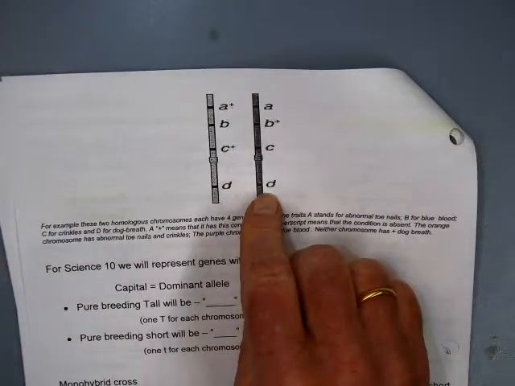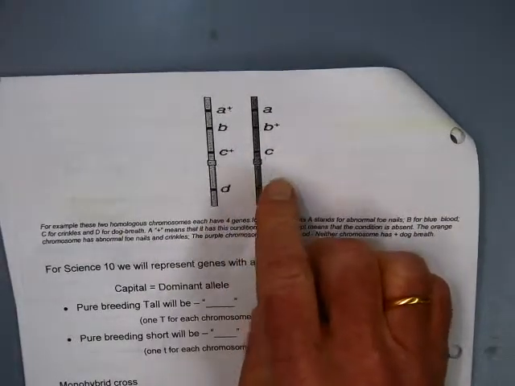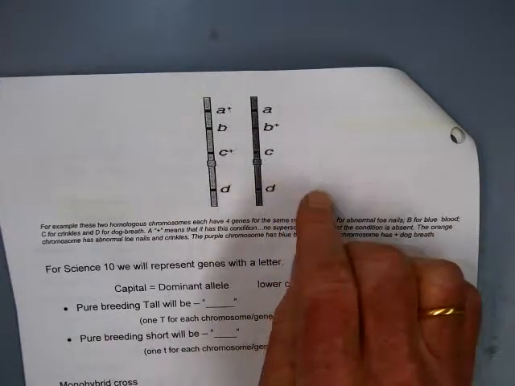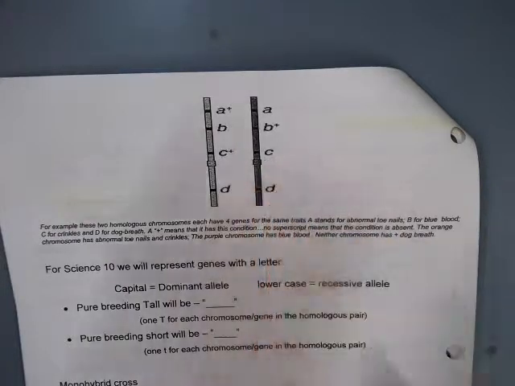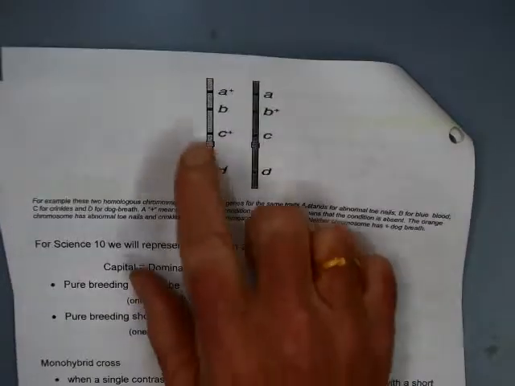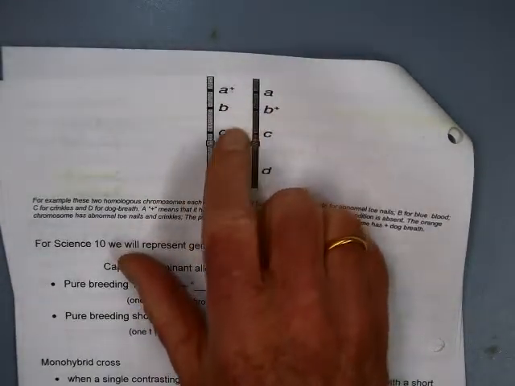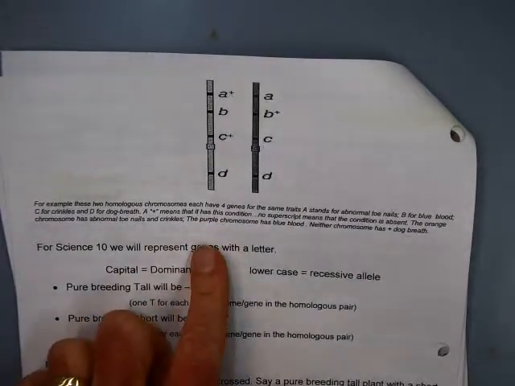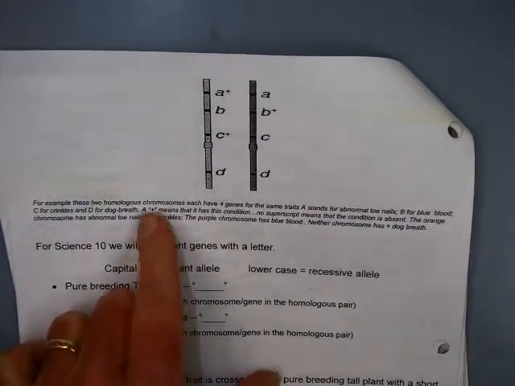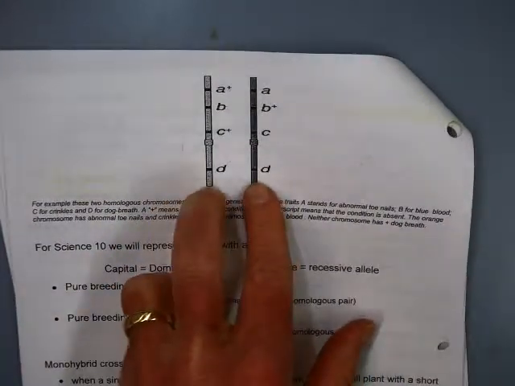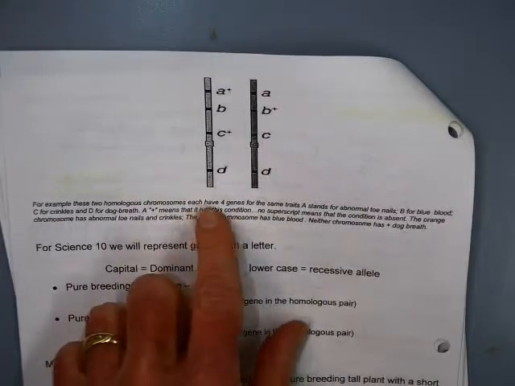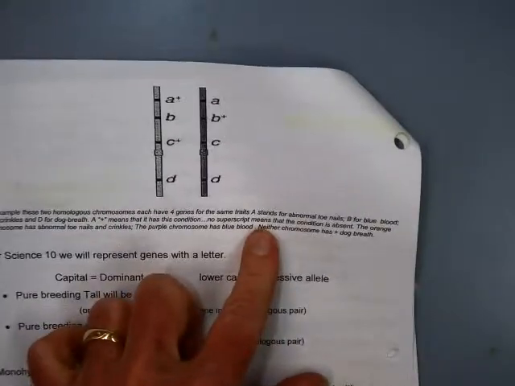Now, there are different ways of noting allele differences, and one is having them plus, and other ones are capital or lowercase. So if you read the caption here, for example, these two homologous chromosomes, homologous means same, have 4 genes for the same traits.